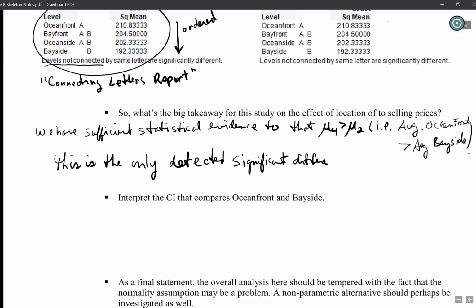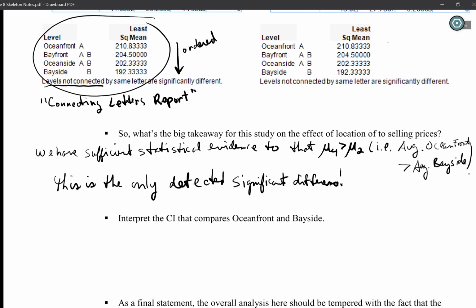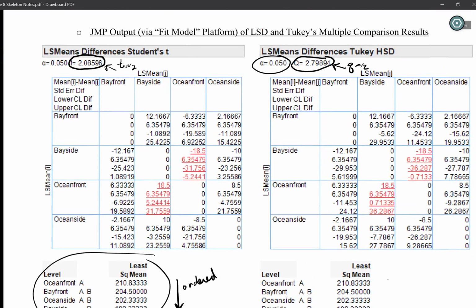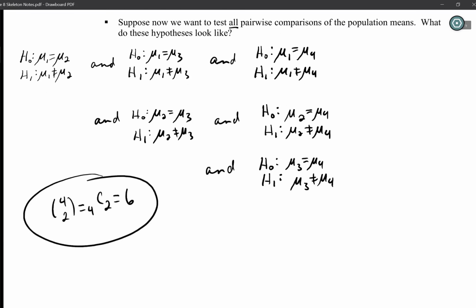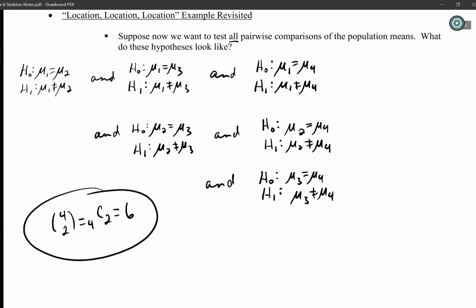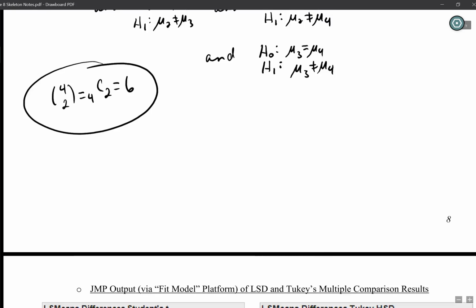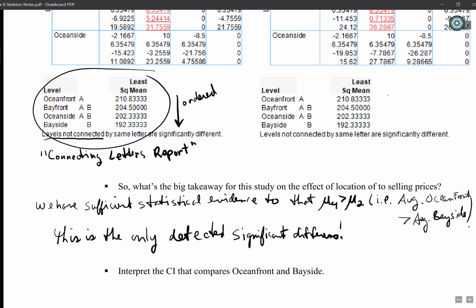All of the other comparisons, we would fail to reject the null hypothesis. So if I'm looking at these 6 hypothesis tests here, mu4 and mu2 is the only one that we would reject. The others we would fail to reject.